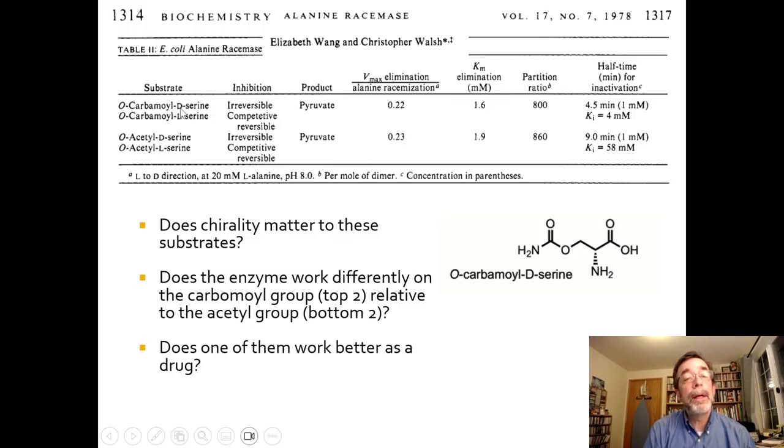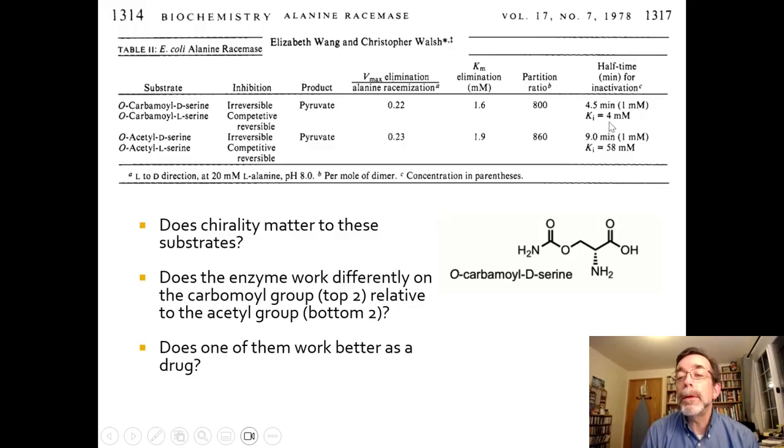He tested the D version and the L version of the drug. And it turns out only the D version was irreversible. The other one was regular reversible competitive. So he suggested that you use the D version of the drug. And it figured out not only a new drug that we can use, but it also told us how the enzyme works. He also looked at other things about the numbers of this.